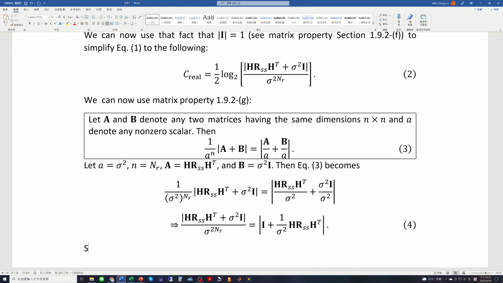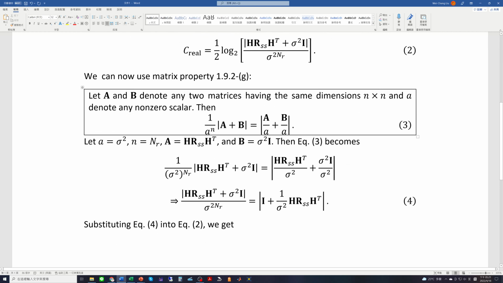Okay, finally, substituting equation 4 into equation 2, we get C real is equal to this equation.